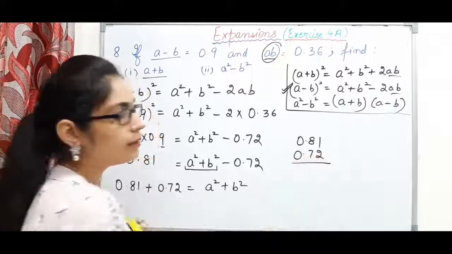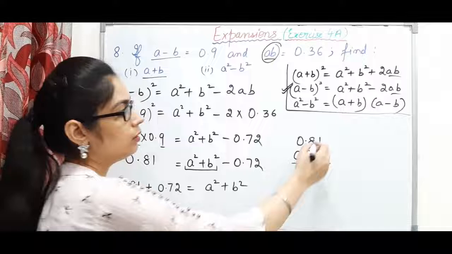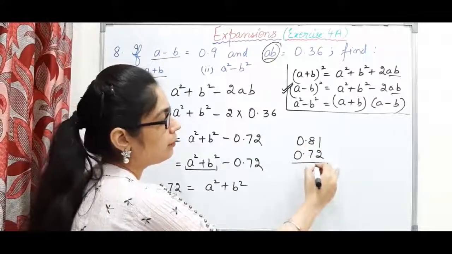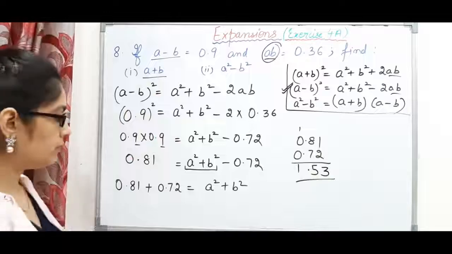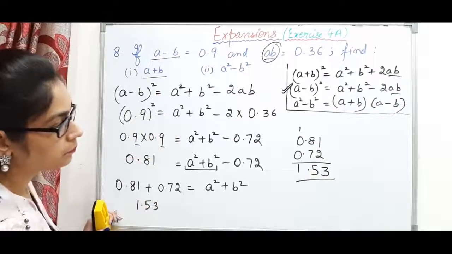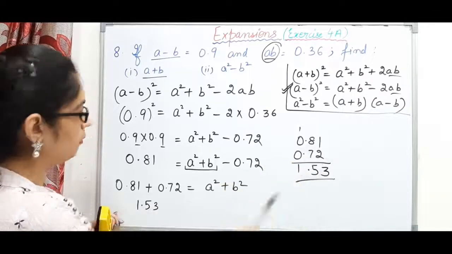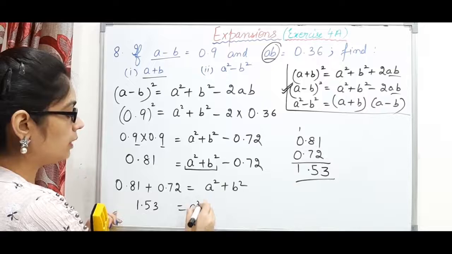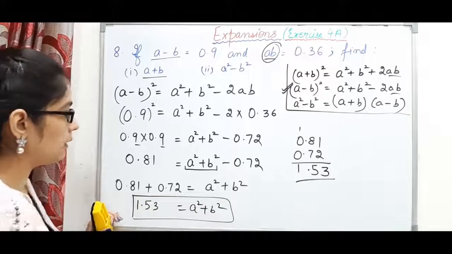When you are adding decimal digits, make sure you are writing decimal below the decimal. 1 plus 2 is 3, 8 plus 7 is 15, so 1 will get carried. So 1.53. Yes, it is correct. So a square plus b square, we have got the value as 1.53.